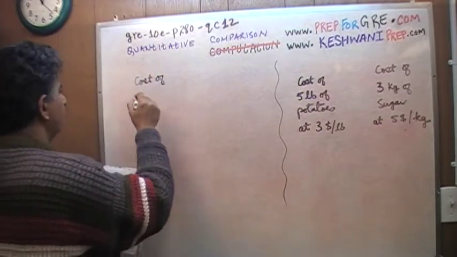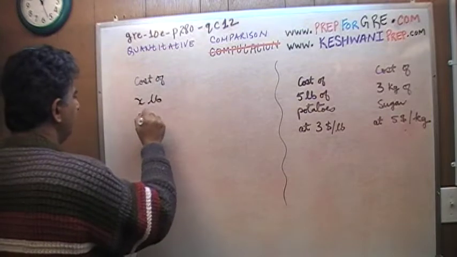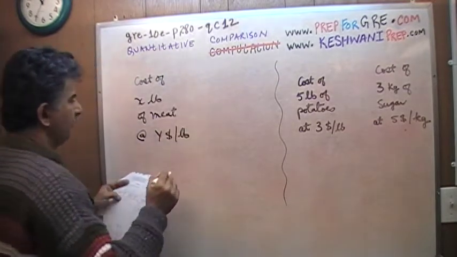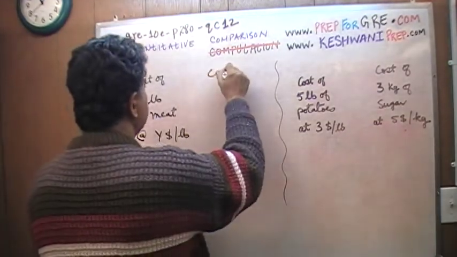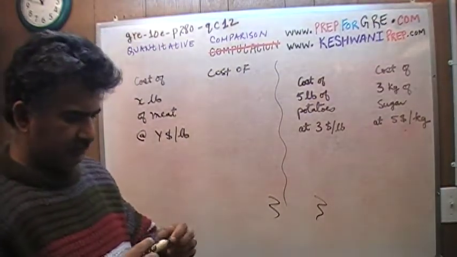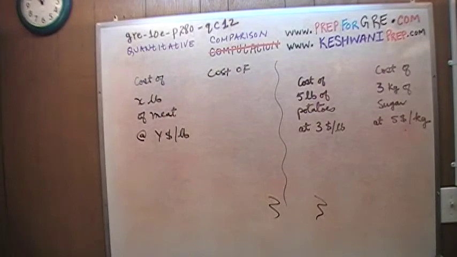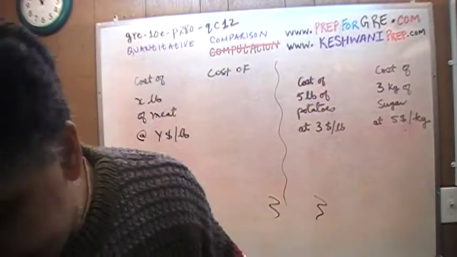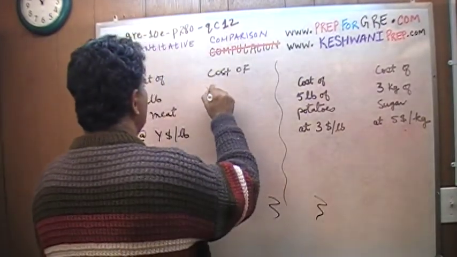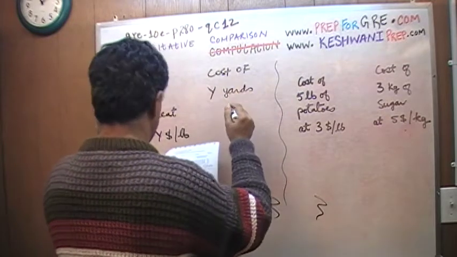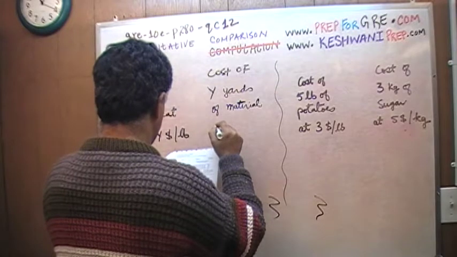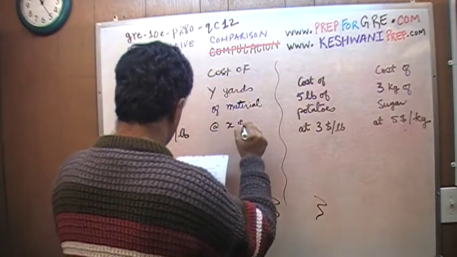Cost of X pound of meat at $Y per pound, and cost of Y yards of material at X dollar per yard.